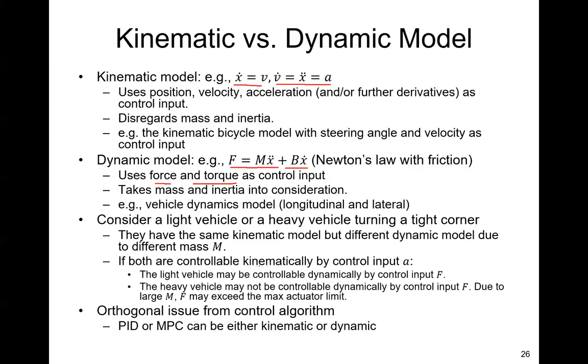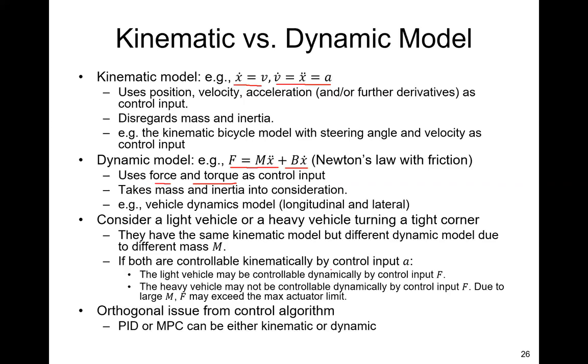Suppose that you perform controller design based on the kinematic model, and you find out, okay, I can control the vehicle based on control input A, the acceleration. If both are controllable kinematically, the light vehicle may be controllable dynamically by control input F, the force. But the heavy vehicle may not be controllable dynamically by control input F due to large mass; F may exceed the maximum actuator limit.